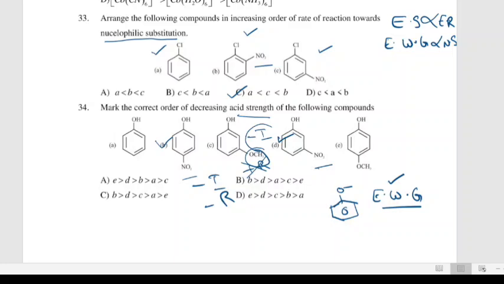So we can say that C has higher acidic strength when compared with benzene, phenol. And at the end, if we consider this OCH3, though it has that minus I effect, because of the dominating plus R effect it destabilizes the phenoxide ion, hence less acidic in nature. So what will be the correct answer? C1 is the correct answer. Let's get into the next one.